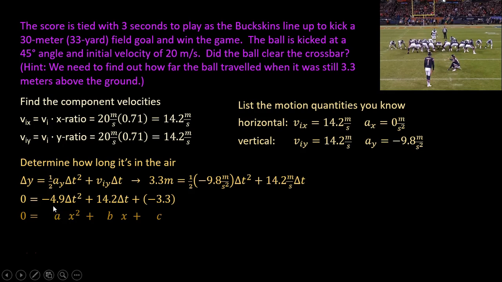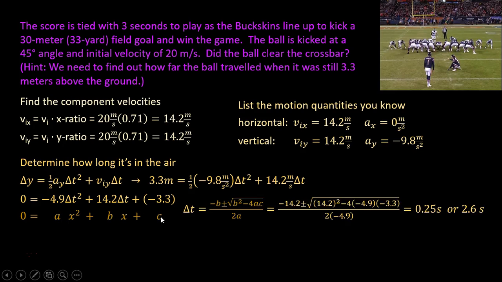So notice in our physics equation, delta t squared is the same as x squared, delta t is the same as x, and negative 4.9 is the same as a, 14.2 is the same as b, and negative 3.3 is the same as c. So we can use our quadratic formula, and wherever we have a b, we're going to plug in 14.2. Wherever we have an a, we're going to plug in negative 4.9. And where we have the c, we're going to plug in negative 3.3.